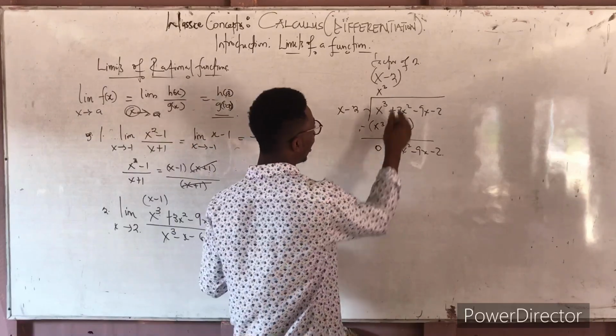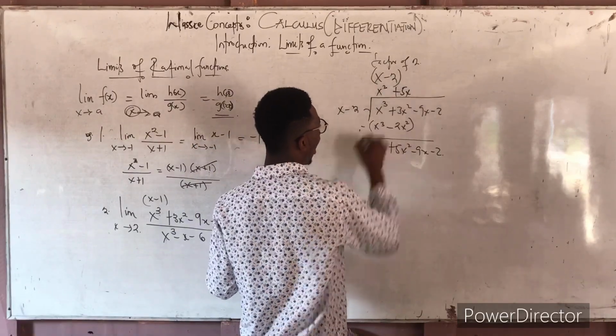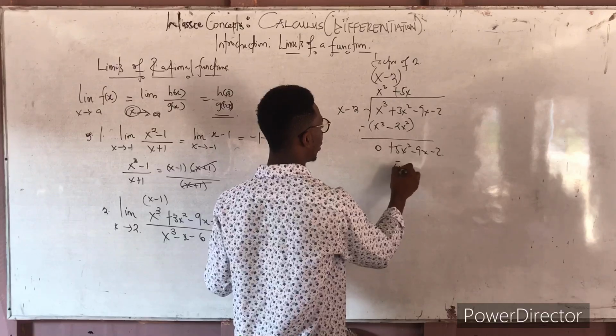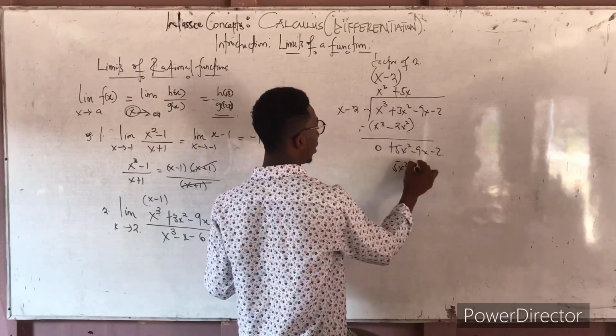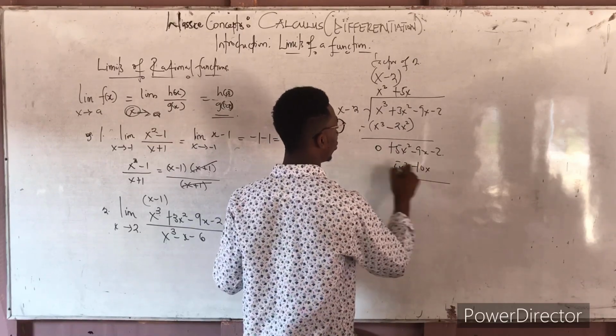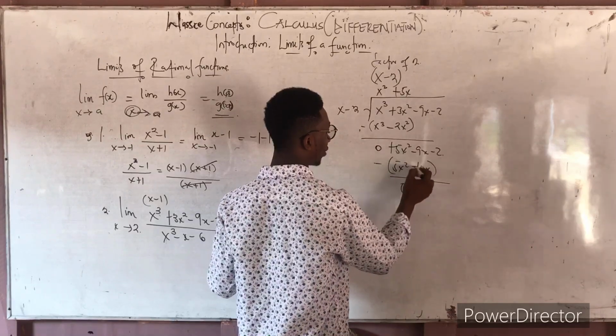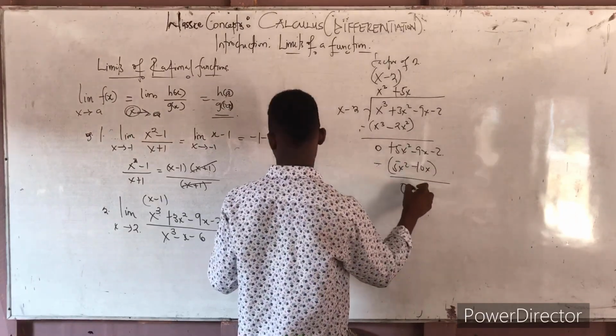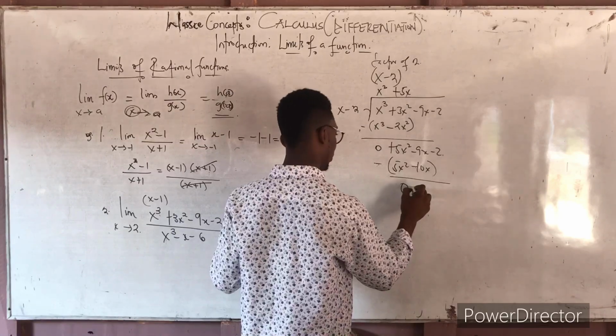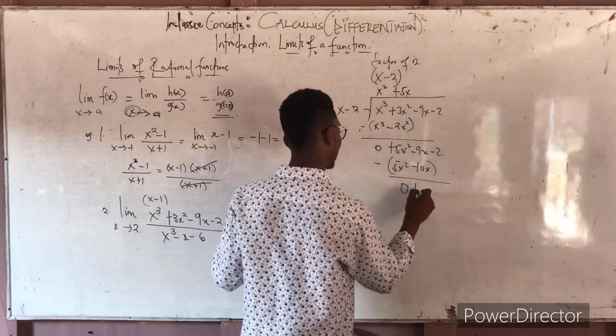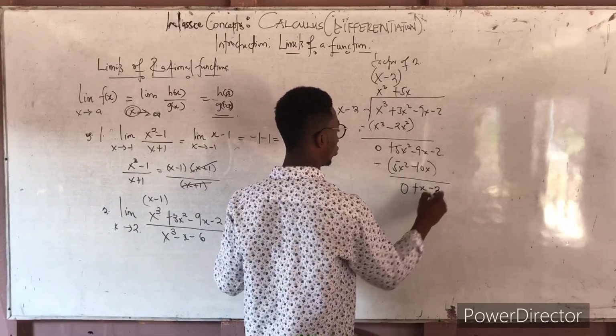Now x goes here how many times? That is plus 5x. So this one gives 5x squared. 5x minus this should give what? Minus 10x. So to subtract it, this goes to 0. This minus here. So when you do this, you are getting plus x minus 2.